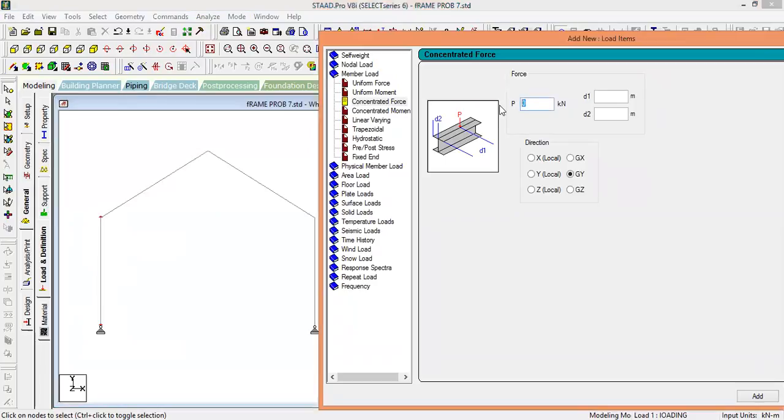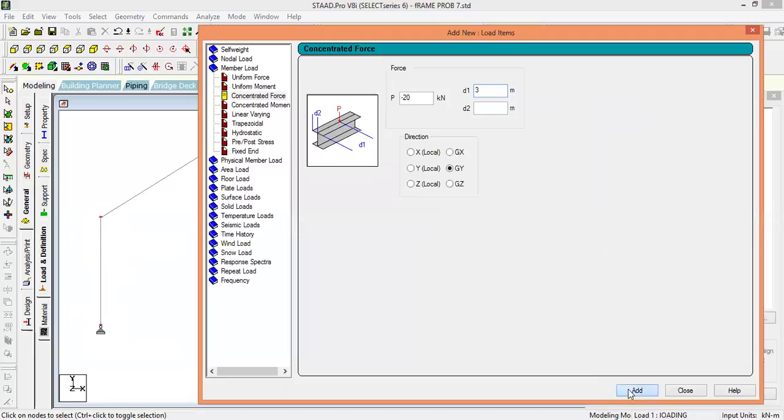Therefore, I will take minus 20 as the load, which is acting downward. Hence, it is minus 20. In which direction? It is the global y direction, correct? At what distance from the starting point? 3 meters from the starting point. The starting node is 1. Okay, so add this, right?